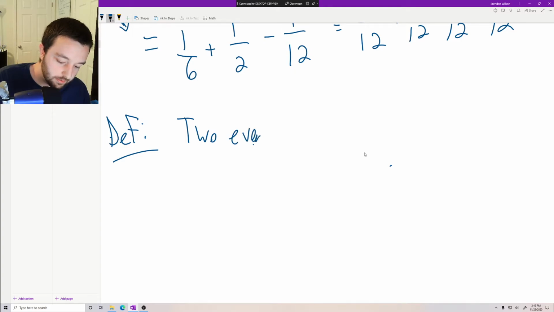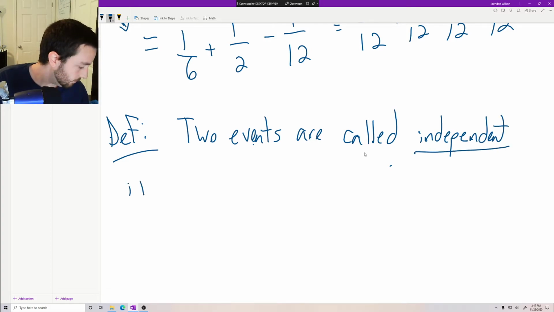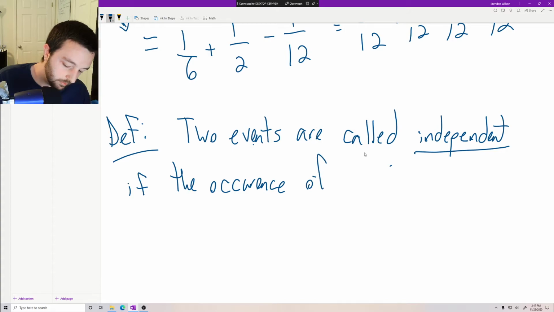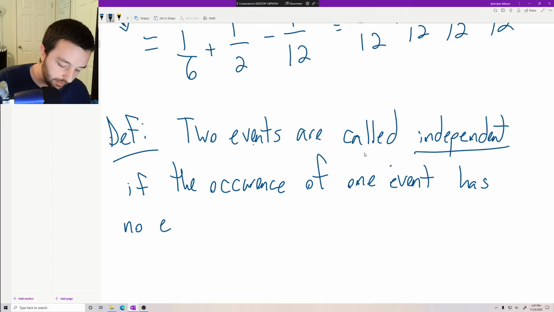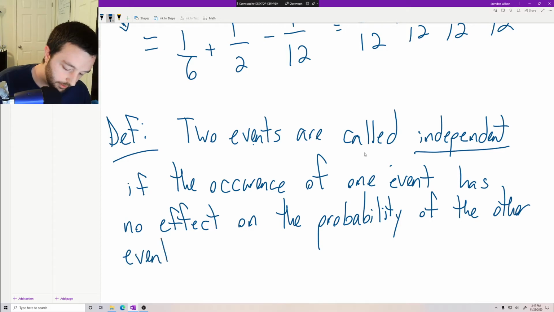So two events are called independent if the occurrence of one event has no effect on the probability of the other event.